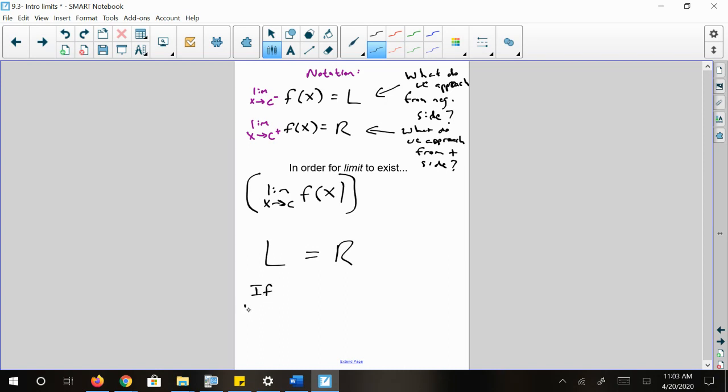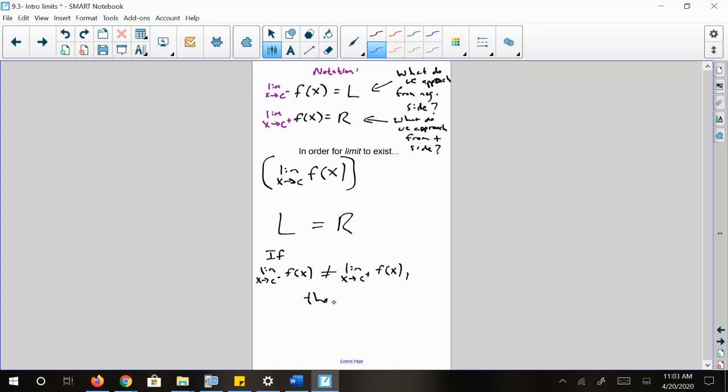So if the limit as x approaches c from the negative side does not equal the limit as x approaches c from the positive side, okay, then the limit as x approaches c itself doesn't exist.